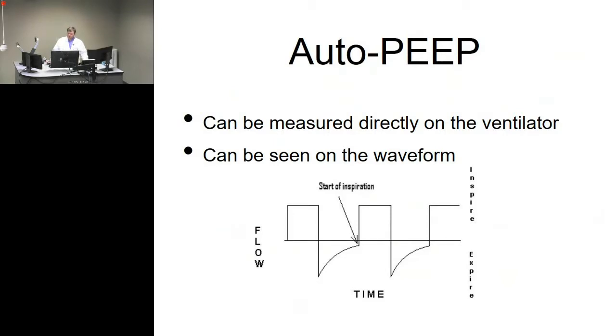So let's talk about Autopeep. This goes back to the flow curve. And the flow curve is really where Autopeep can be seen. And as we were talking about earlier, you have your inspiratory, you have your expiratory. Inspiration happens. Go into the expiratory phase. They're trying to breathe out. Oh, ventilator kicks in.